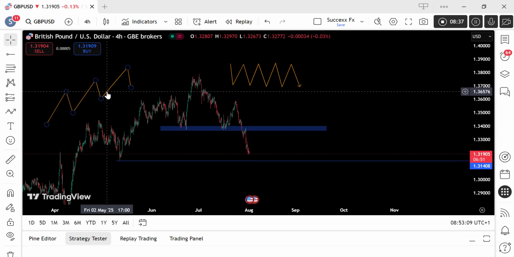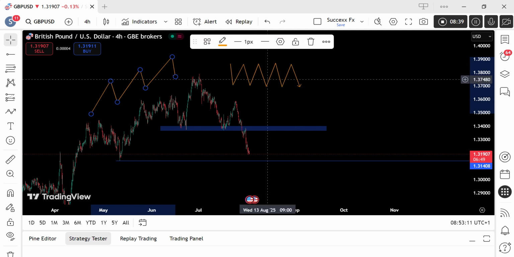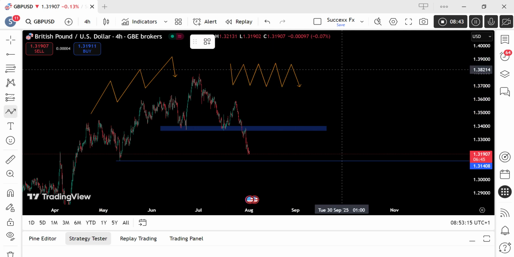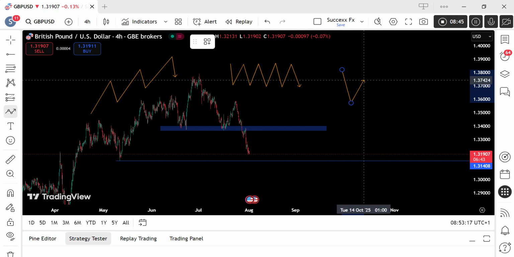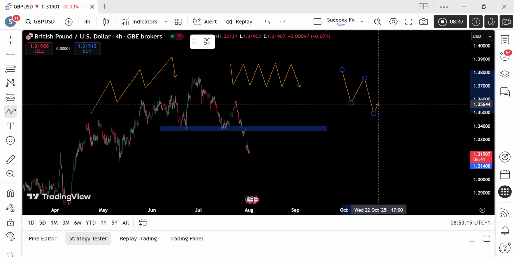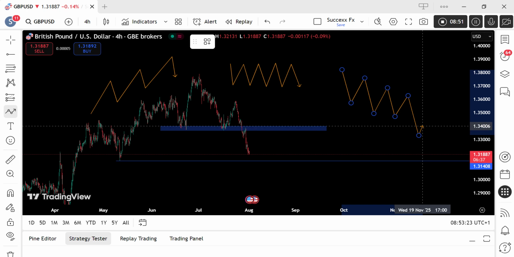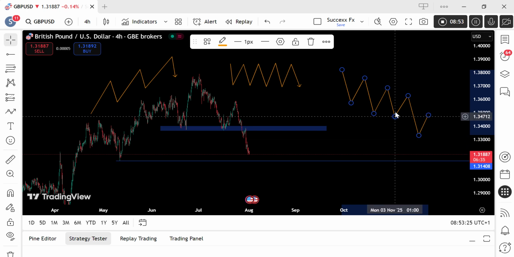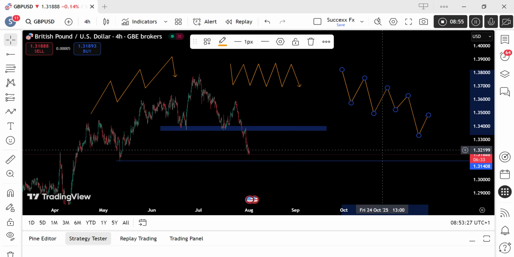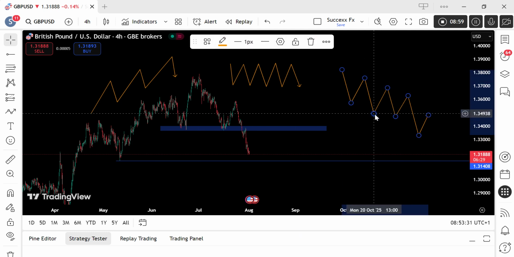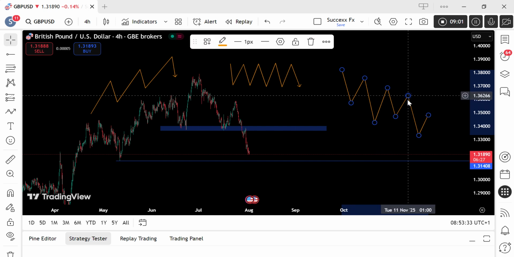Price can either be moving like this, or like this, or like this. Lower low, lower high, lower low, lower high, lower low, lower high, lower low, lower high. Right? So yeah, these are the three ways price moves in the forex market.